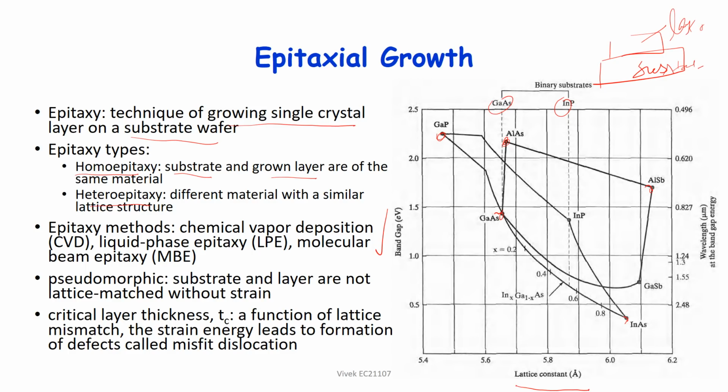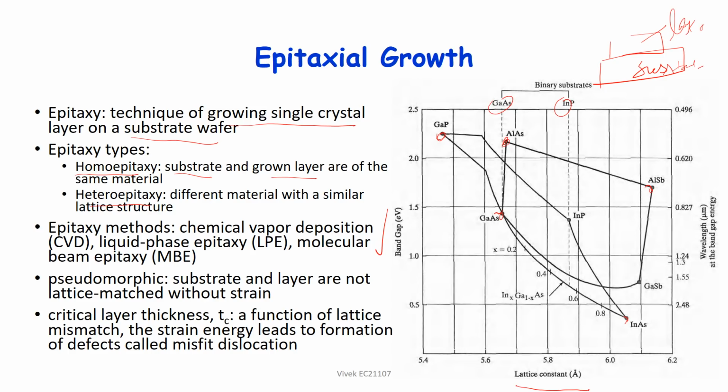So to grow a particular material, we have to get it close. It is not that arbitrarily you can grow any material on any substrate. No, they have to be lattice matched, at least within a reasonable limit, so that strain is less. Strain is basically arising from the difference in the lattice constant.